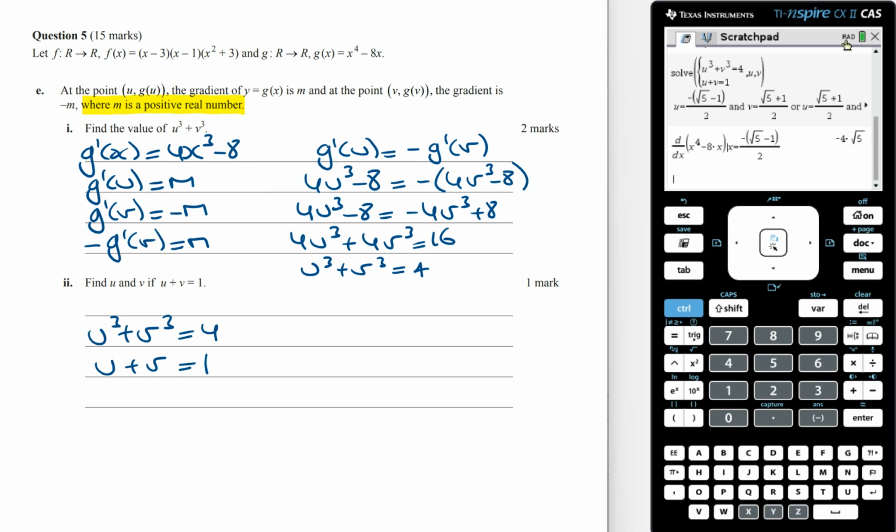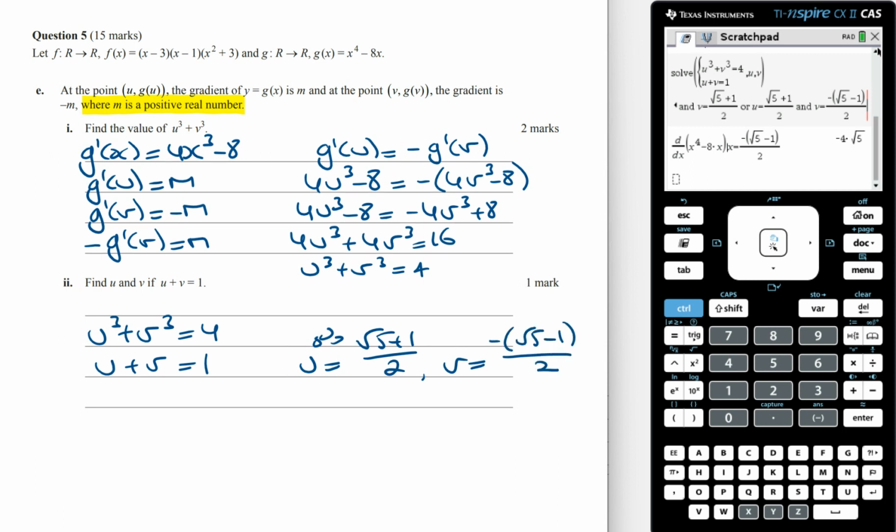When the value of u is equal to minus root 5 minus 1 on 2, we're going to get a negative gradient. But we want a positive gradient, and so this value of u is not correct. And so the correct value of u and v is going to be the second set of solutions. Therefore, u is going to equal root 5 plus 1 on 2, and v is going to equal minus root 5 minus 1 on 2.